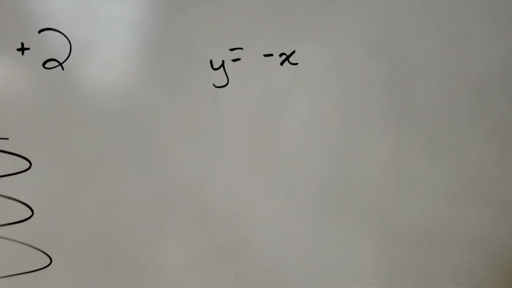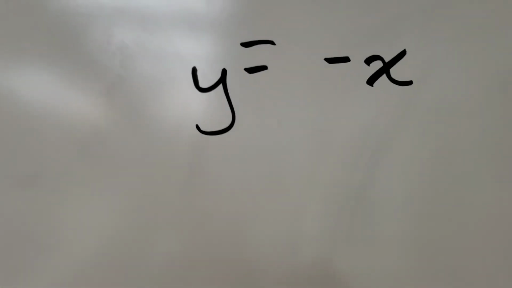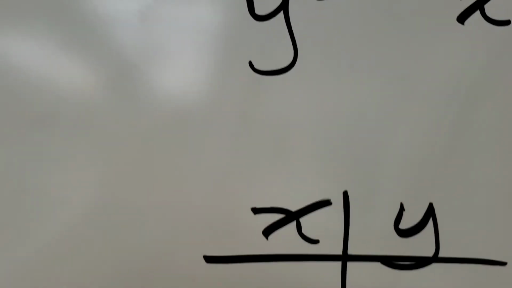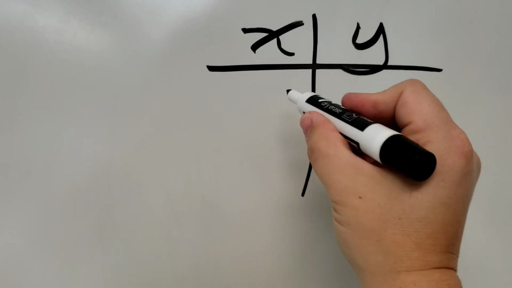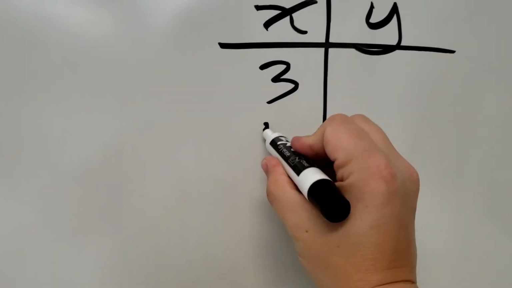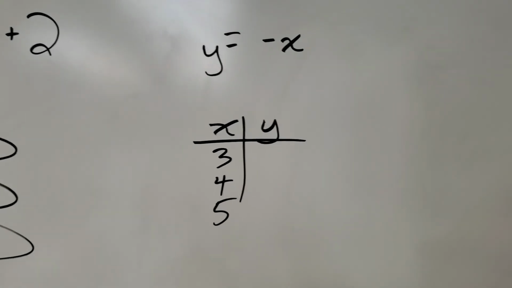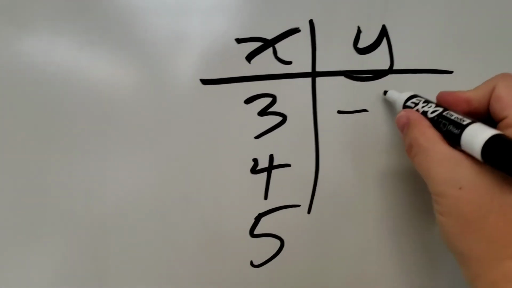The last example we're going to look at here is y equals negative x. Again, we'll do a little chart. This one's really easy. We could really use any numbers we wanted. I'll actually do, just to show you that it works with other numbers, let's do 3, 4, and 5. Okay, so in this case, y equals negative x. So if I put a 3 in there, y equals negative 3.